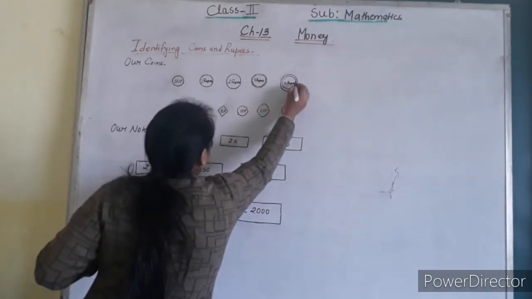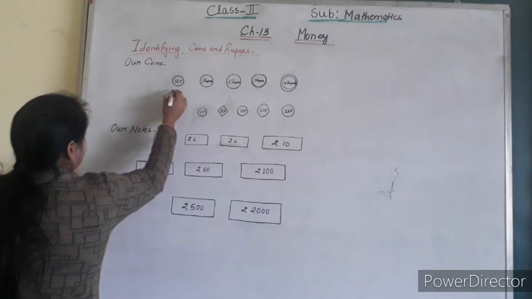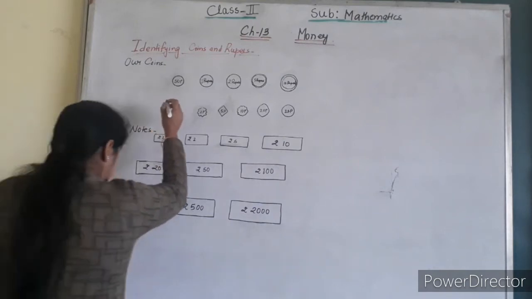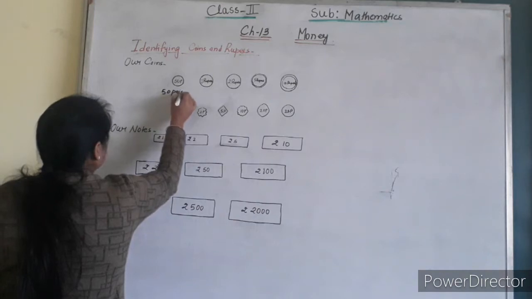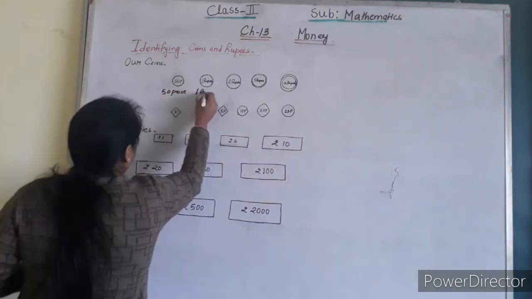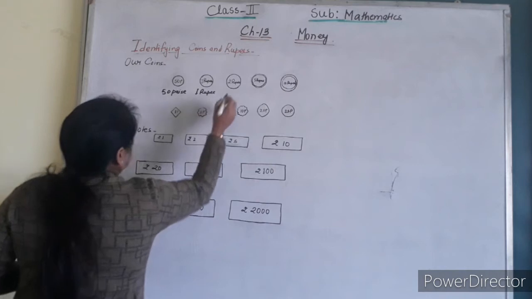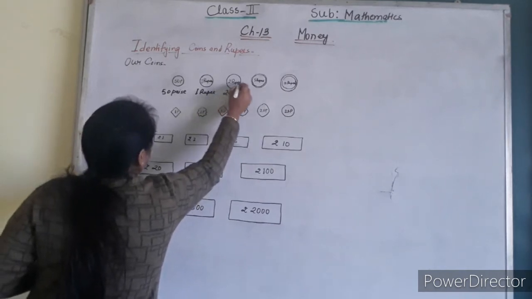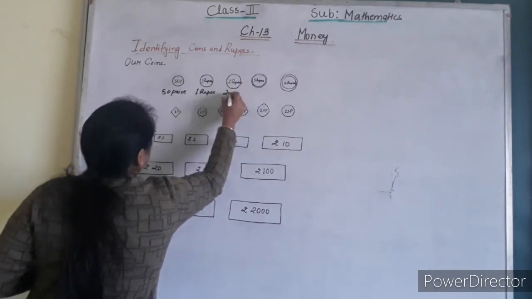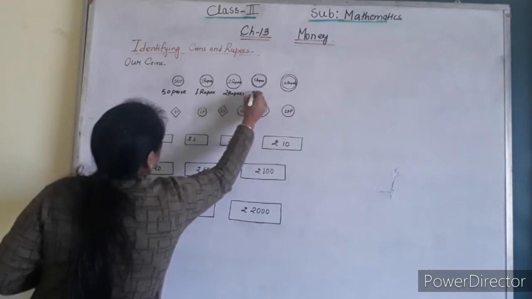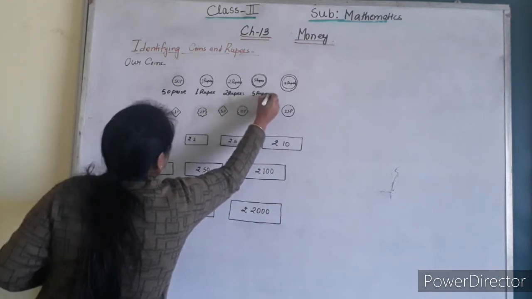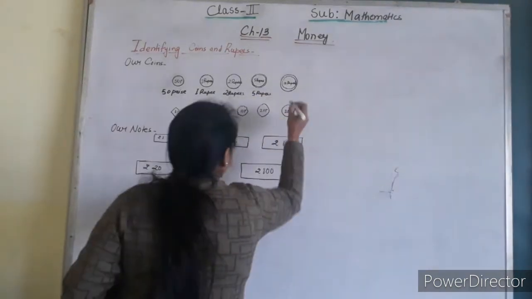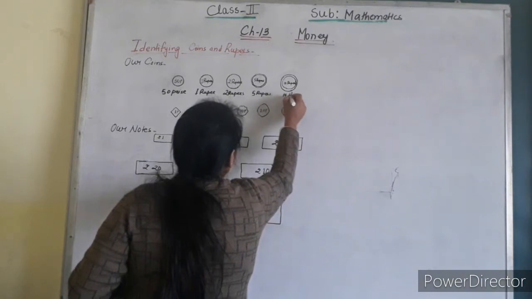So you can just write here: 50 paise, 1 rupee coin, 2 rupees, 5 rupees, and this is 10 rupees.